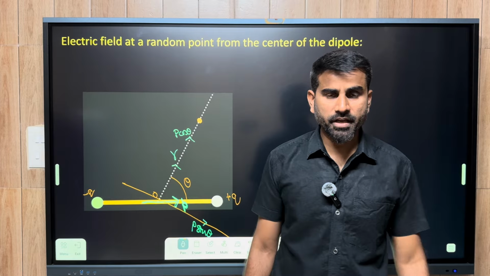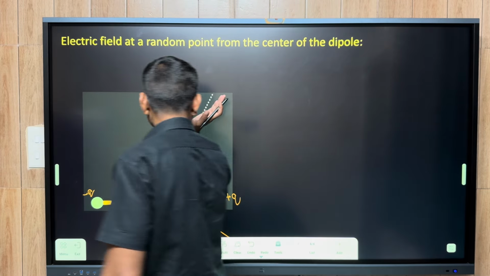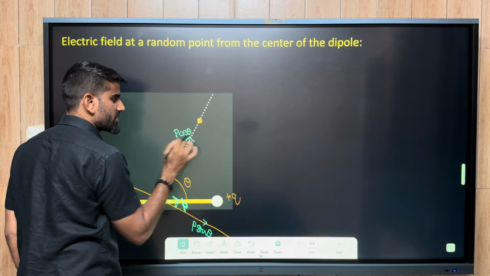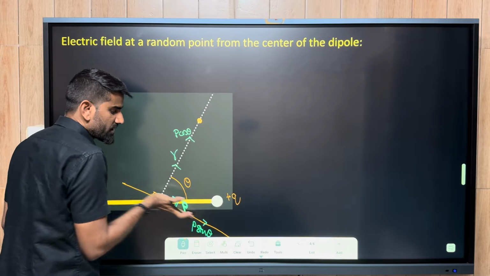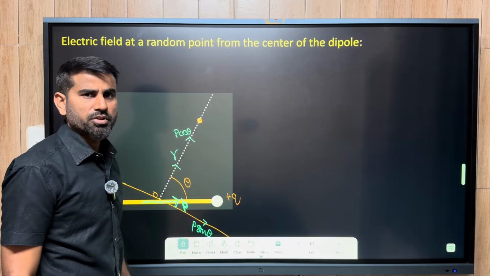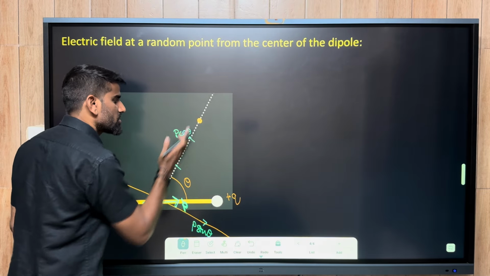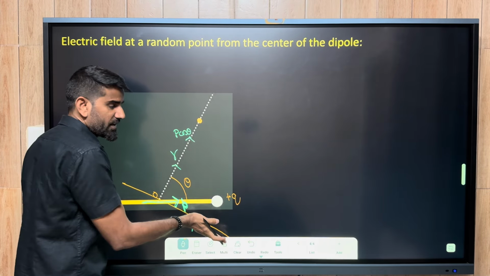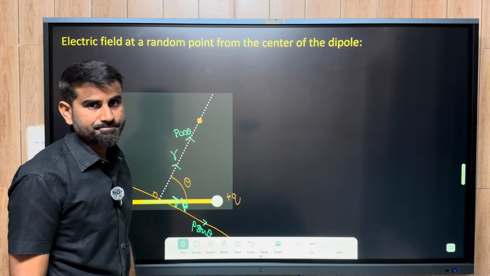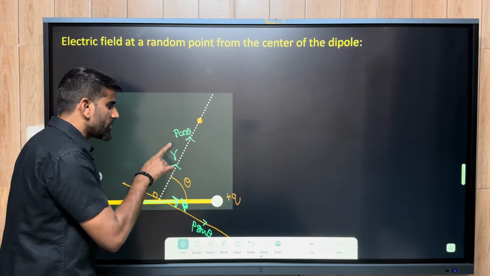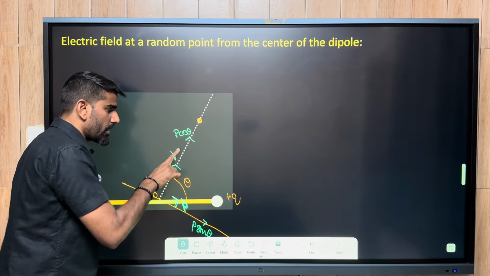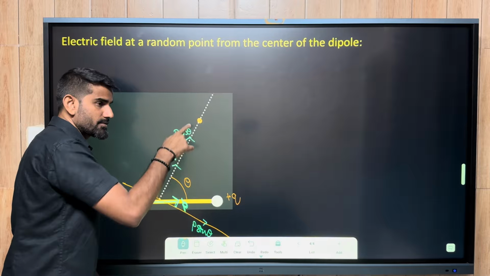Now I have two dipoles. This one is P cos theta, one dipole, and this is P sin theta, another dipole. There is no approximation at all in this method.